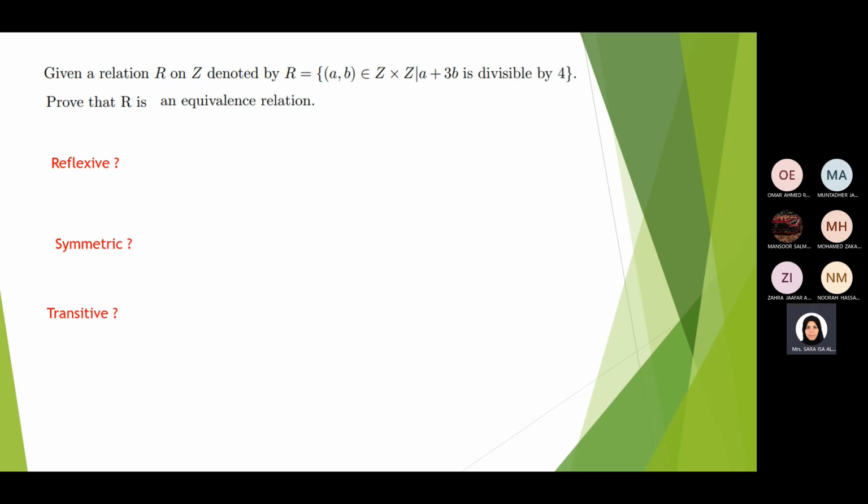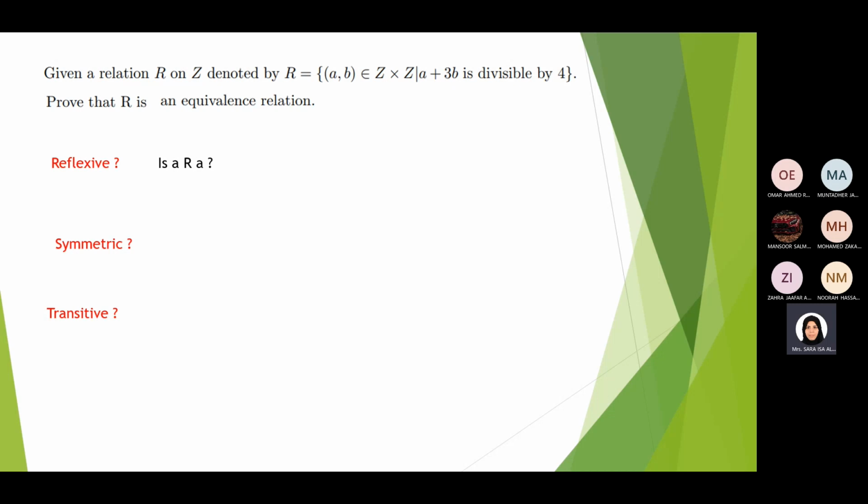So how do we check reflexive? What does the relation mean? A is related to B if A plus 3B is divisible by 4. Is it reflexive? Reflexive means is A R A, meaning is every element related to itself?